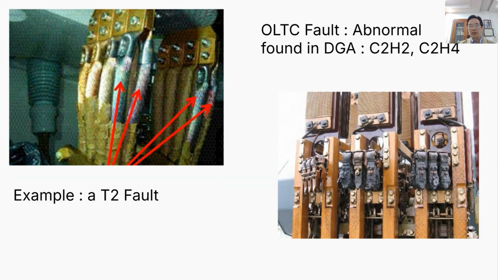Here the problem is arcing in the connector, arcing in the contact of the OLTC. So we found the acetylene and ethylene levels increasing in the DGA.